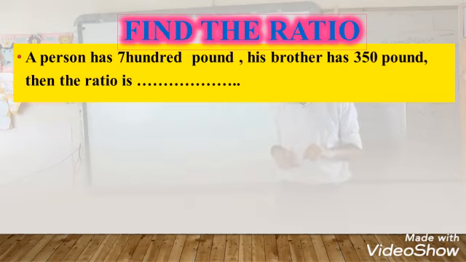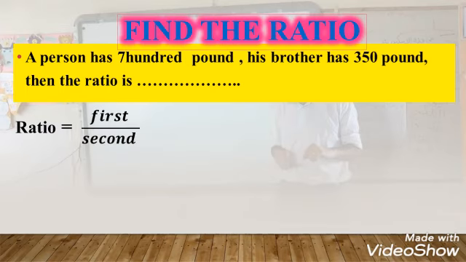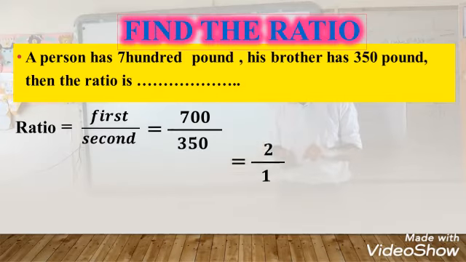There is an example. A person has 700 pounds. His brother has 350 pounds. Now we want to calculate the ratio between both of brothers. The ratio equal first divided by second, 700 divided by 350.